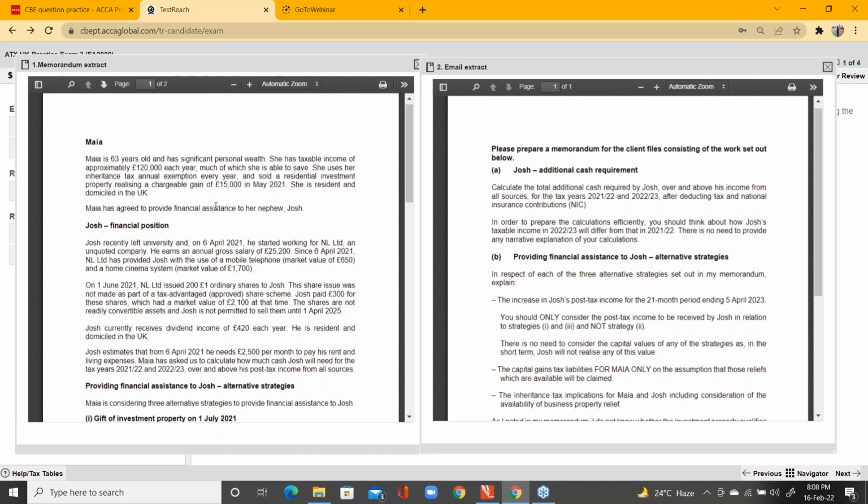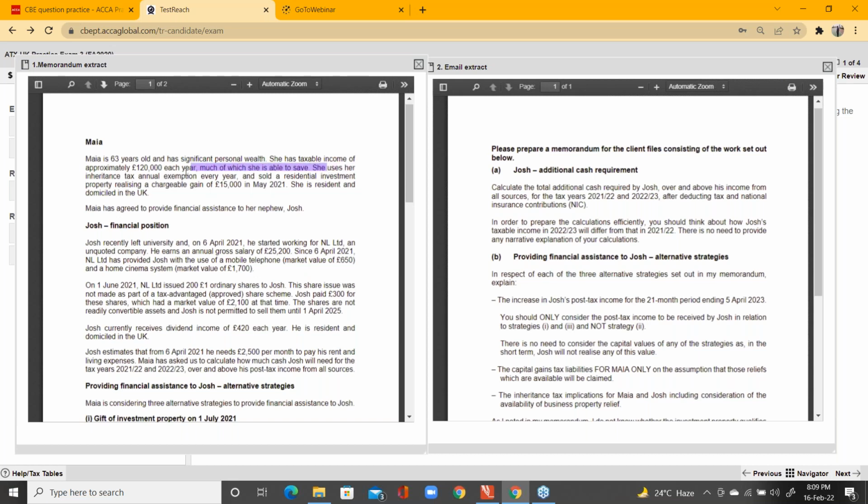And here is the background of this scenario. Maya is 63 years old and has significant personal wealth. She has taxable income of approximately 120,000 each year, which tells us that Maya is a high rate taxpayer, much of which she is able to save.